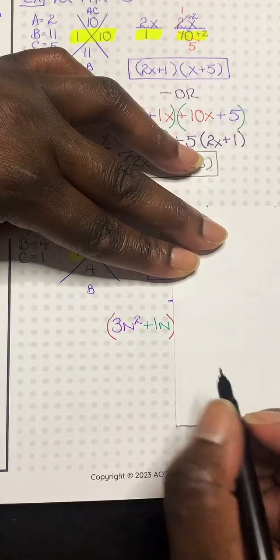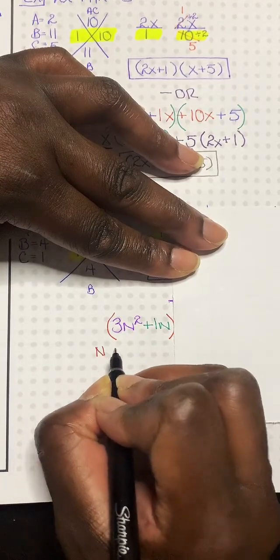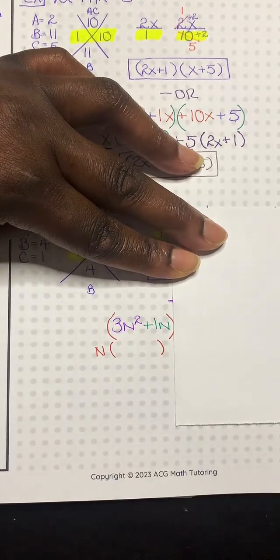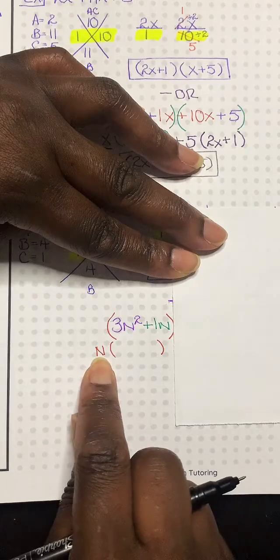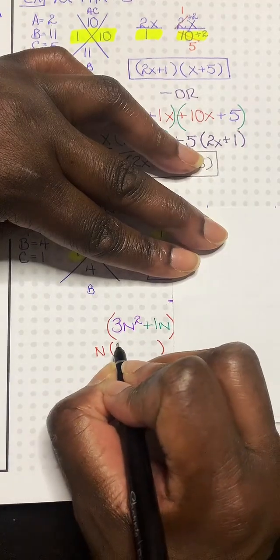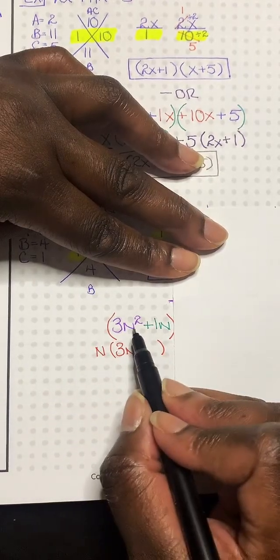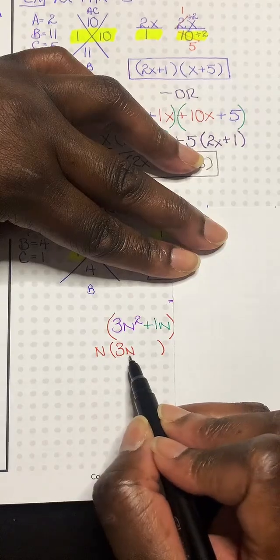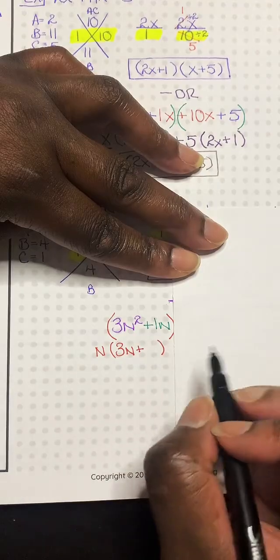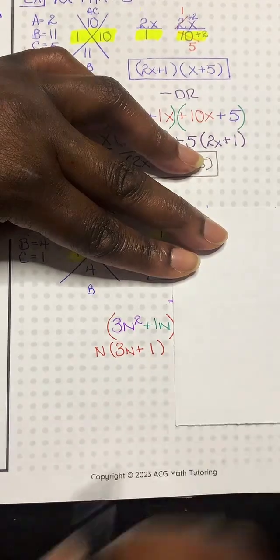But they have a 1n in common. If I'm factoring out an n, what's going to remain is 3n, because we have two n's here. We take one out, there's one n left. Bring down the plus sign. 1n divided by n gives me 1.